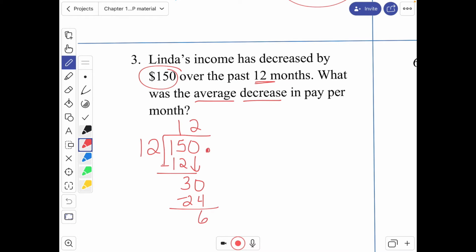And then we're going to need to add a decimal and another 0. 12 goes into 60 5 times. This is talking about money, though, and money usually gets 2 spaces. So 12.50.